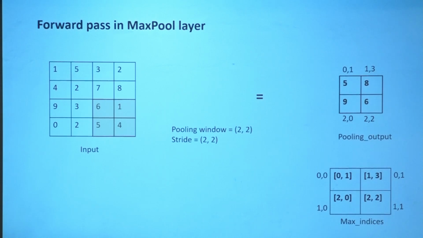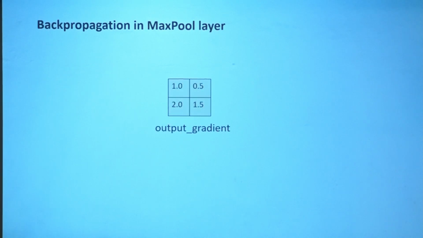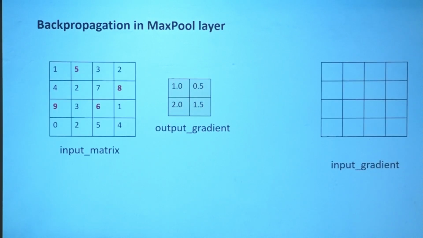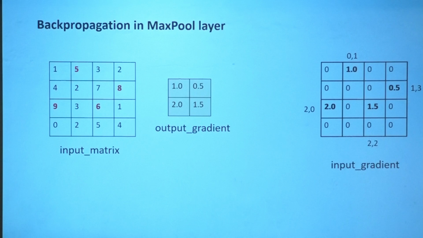Now these index positions will help you know where to move the gradients received from the next layer. To those positions only these values are to be moved, and the rest of the element positions of the input gradient will be filled with zeros. This is the back propagation in the max pooling layer.